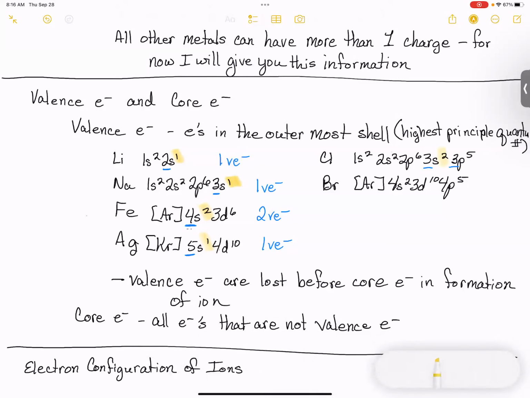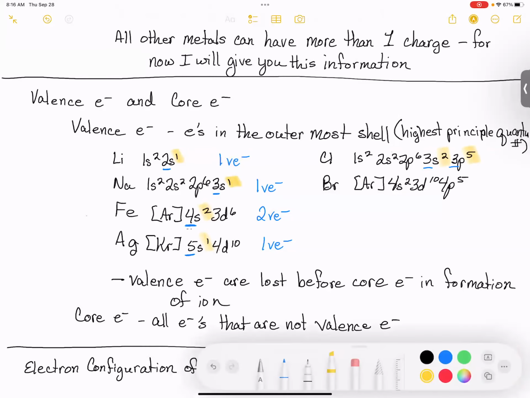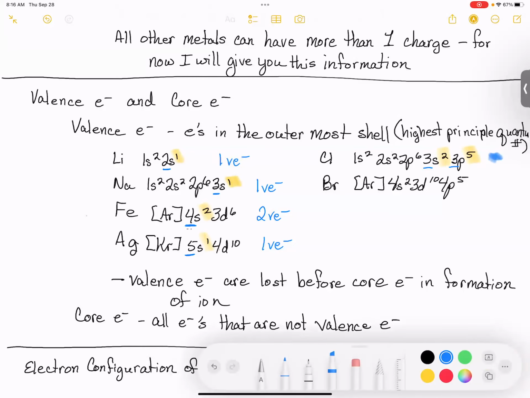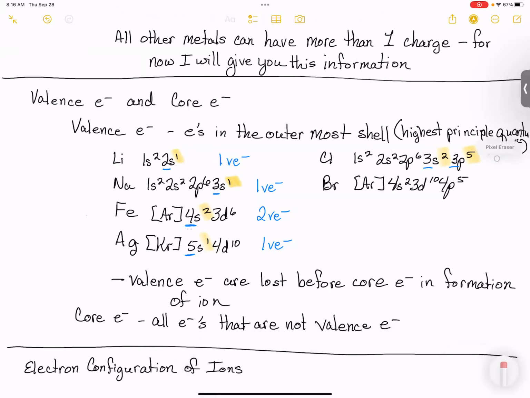There are 2 electrons in the 3s and 5 electrons in the 3p, making a total of 7 valence electrons for chlorine. For bromine, the highest shell is 4.